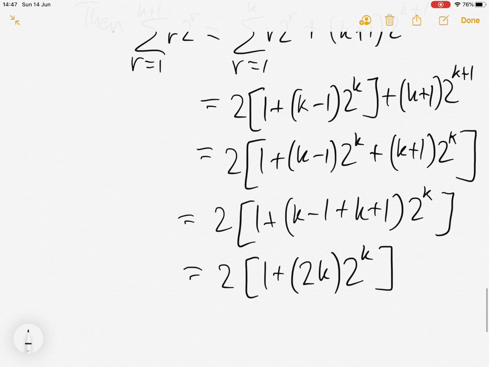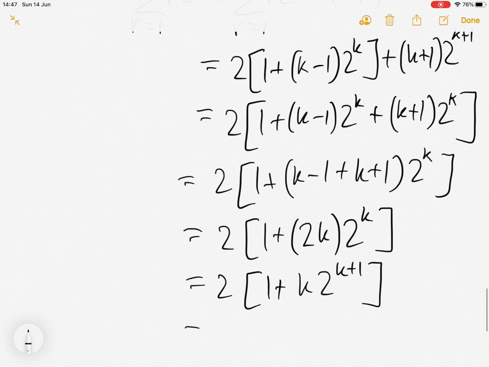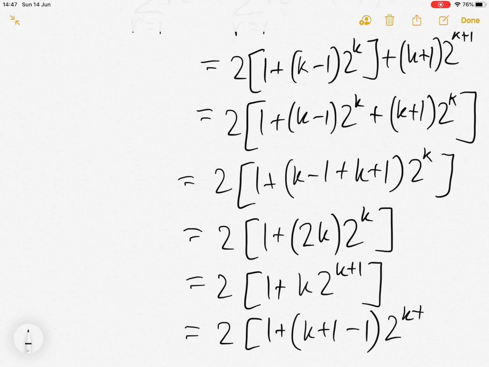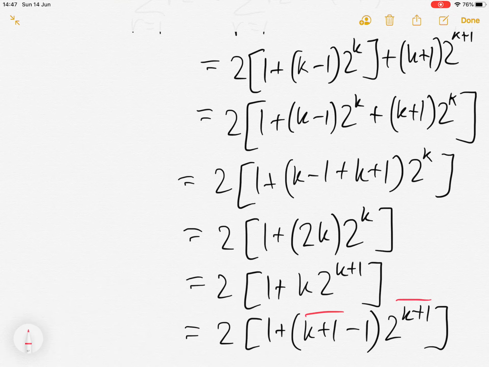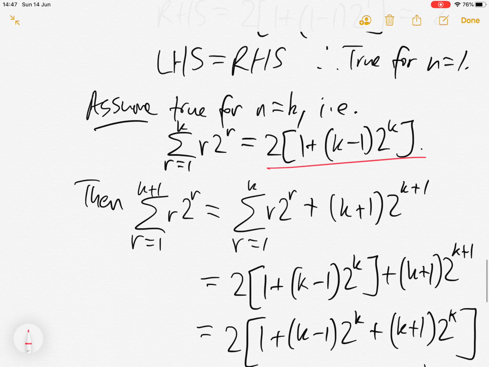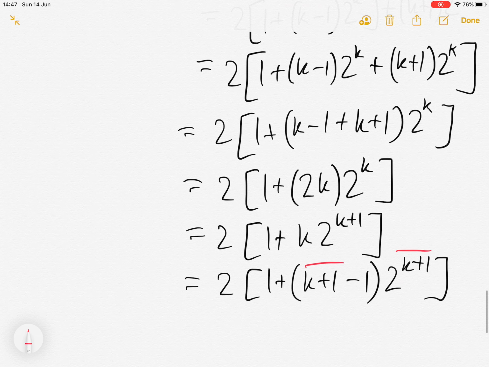And we know 2k times 2 to the k is k times 2 to the k plus 1. And this is exactly what we wanted, because it's k plus 1 minus 1 lots of 2 to the k plus 1. So it's exactly the right statement with k plus 1 in place of n.